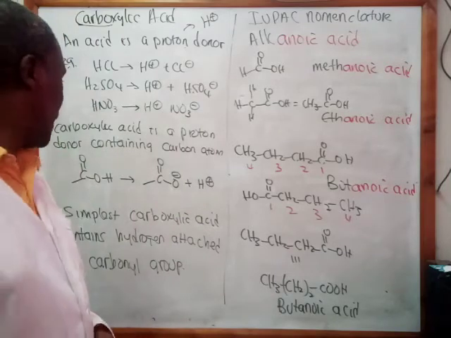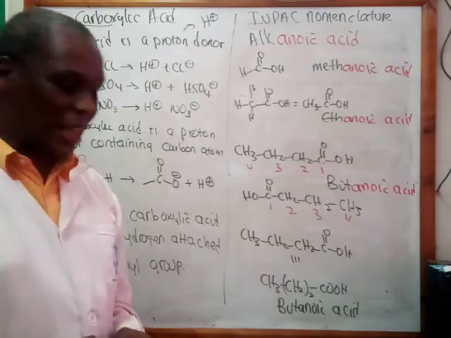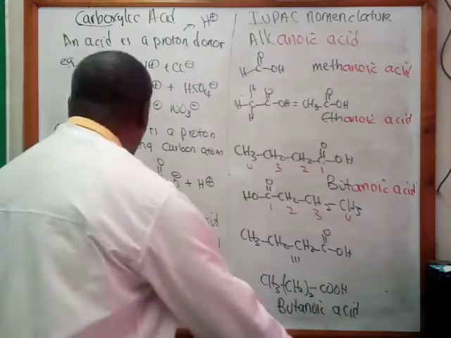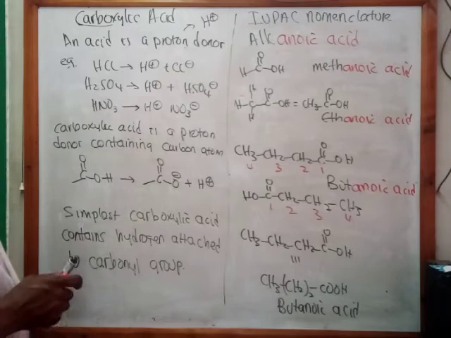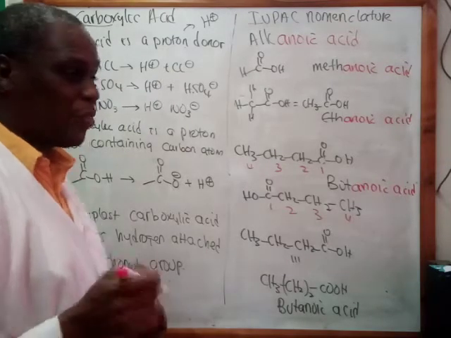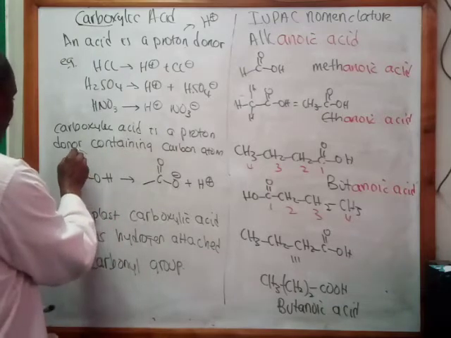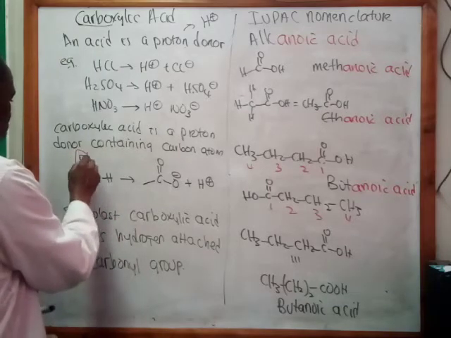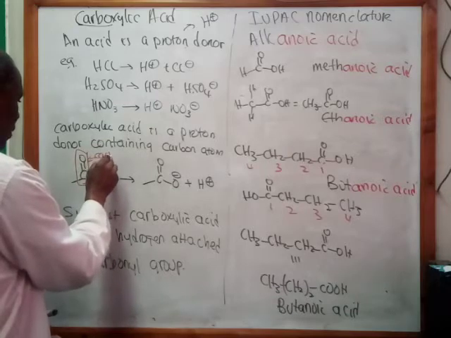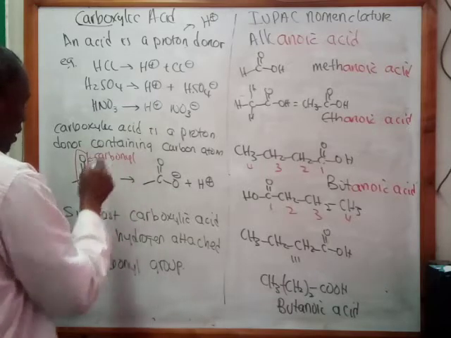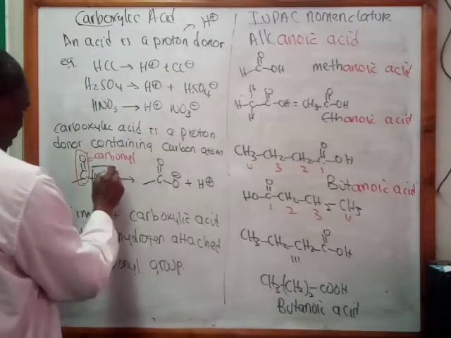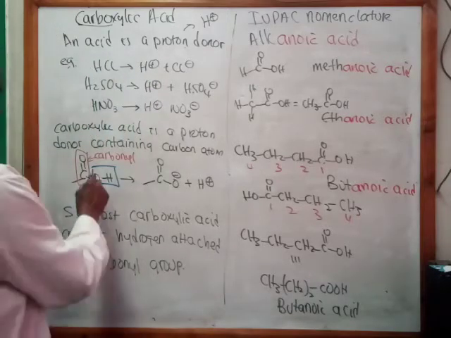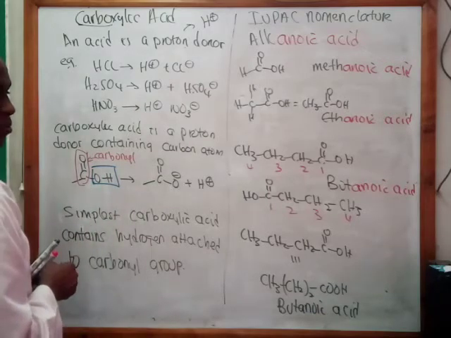Are you seeing something familiar to what you've discussed so far? There are two functional groups on this structure which you've encountered before. The one which I'm showing in red is the carbonyl group, and the one which I'm going to highlight in blue is the alcohol group, the OH group.